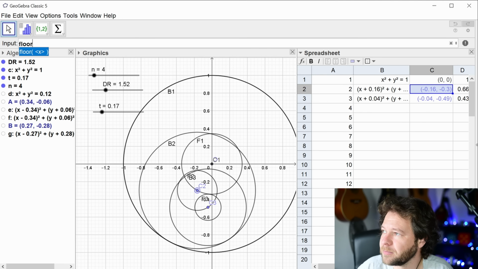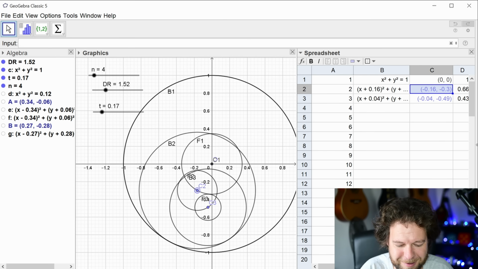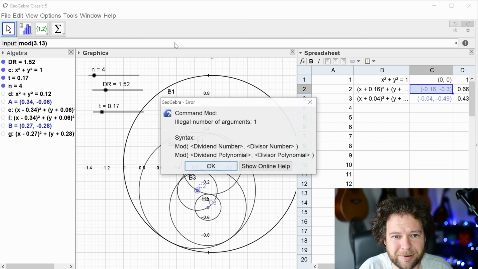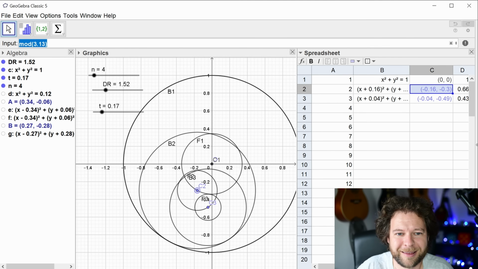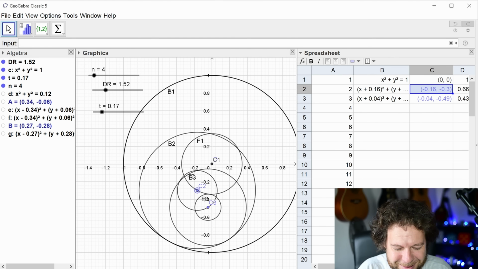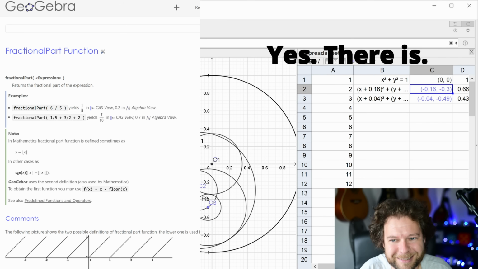No. Let's try it. Mod 3.14. What does that do? Is it 3.14 minus floor of 3? There's got to be a better function for that. That's what I want. Okay.